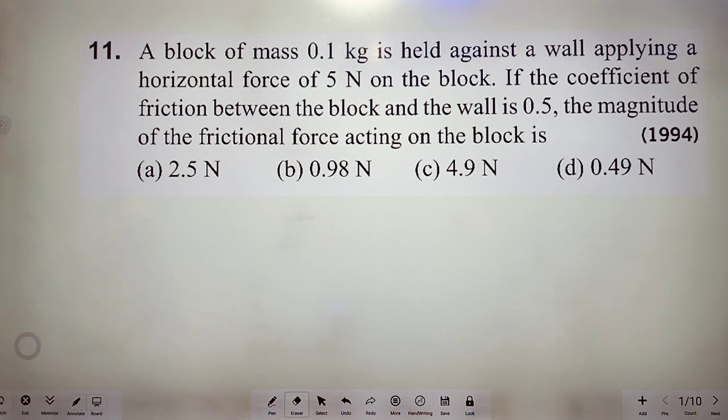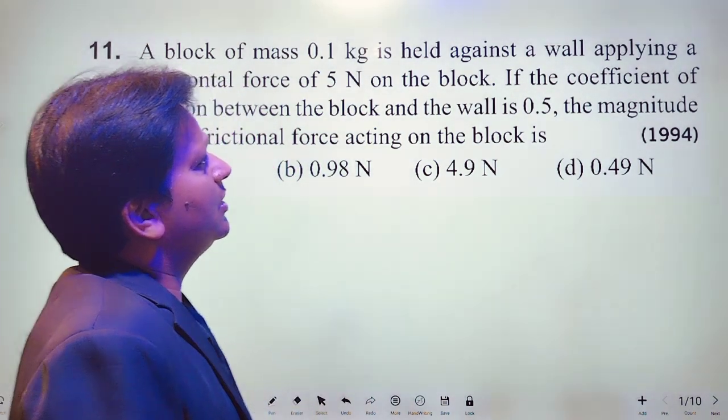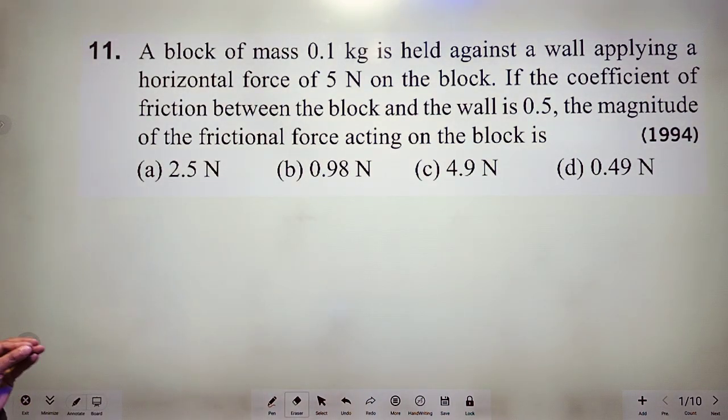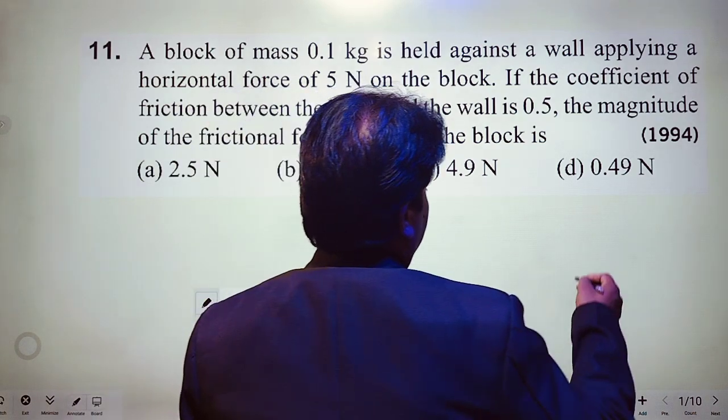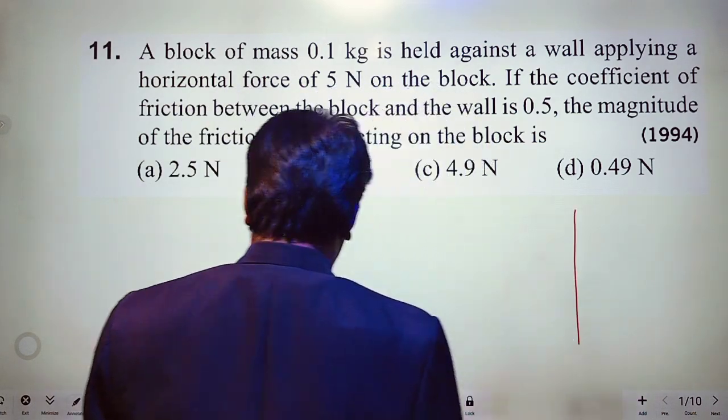A block of mass 0.1 kg is held against a wall by applying a horizontal force of 5 Newton on the block. Suppose this is the wall.